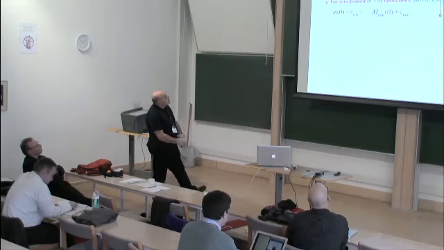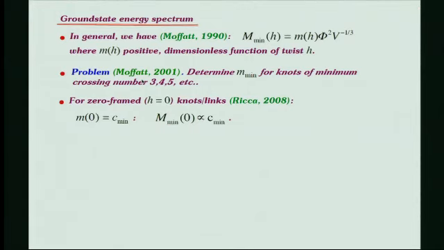So that m min, at least for zero-framed knots, is nicely related to C min. What's C min? The minimum crossing number, the topological crossing number of knots and links.